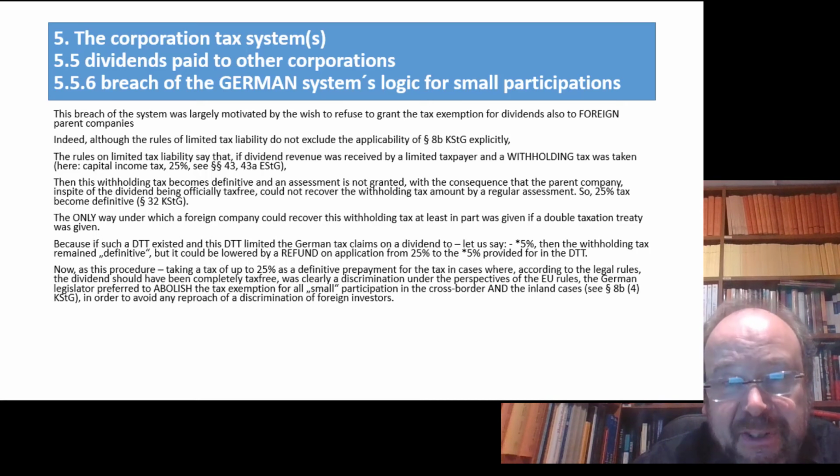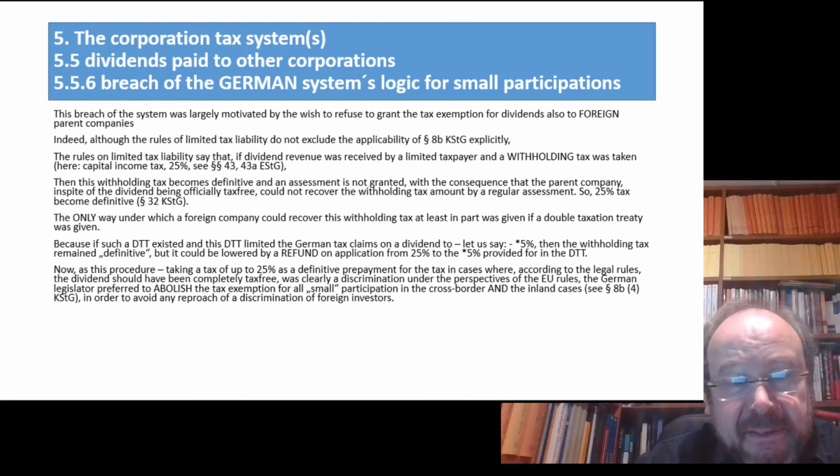So it's a breach of the logic of the system, because it leads to a threefold, or even in more complicated groups, fourfold or fivefold levying of corporation tax. But the idea was just for political reasons. We want to keep that money.